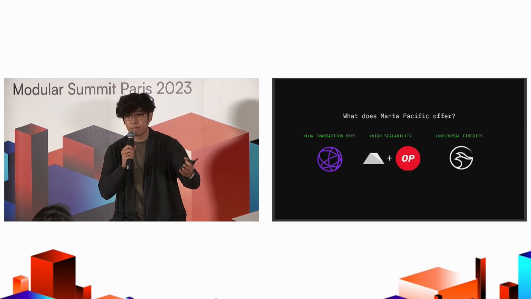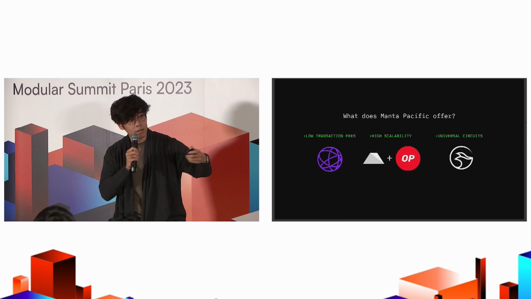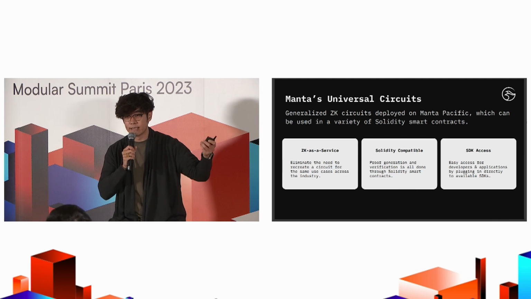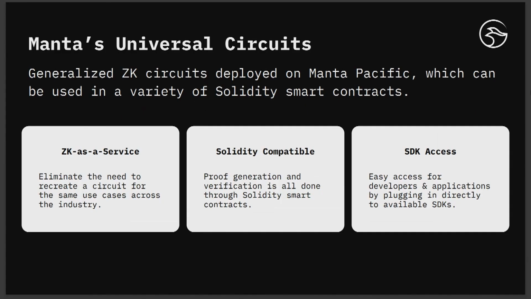And so we've taken away some of that cost through using Celestia for the data availability layer. We have modified the OP stack through Caldera, and we are introducing our universal circuits through the ZK side. And so we call it ZK as a service. It essentially allows people to build ZK-enabled features directly into their applications only using Solidity.